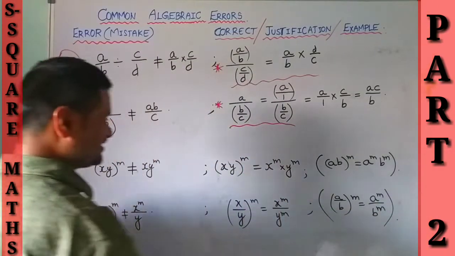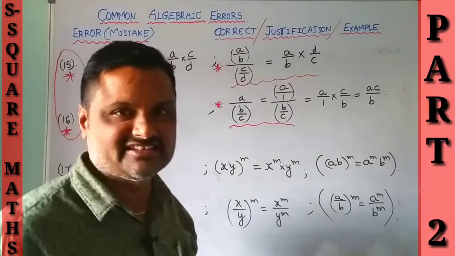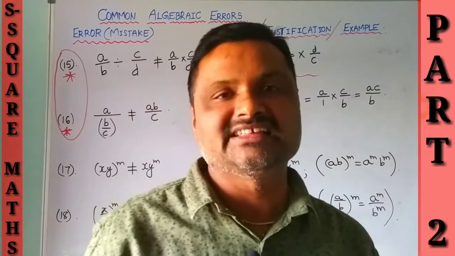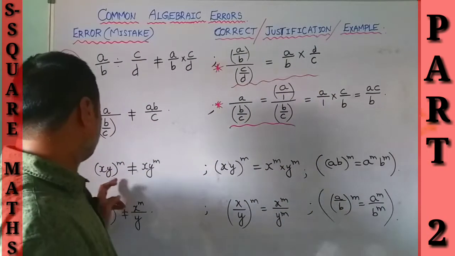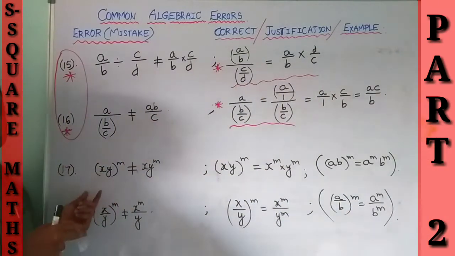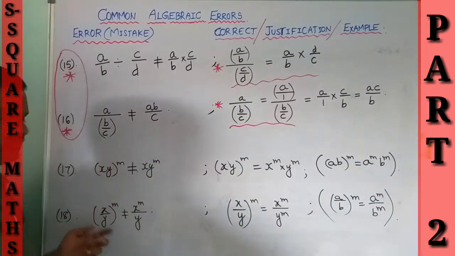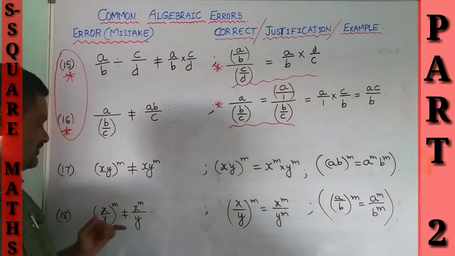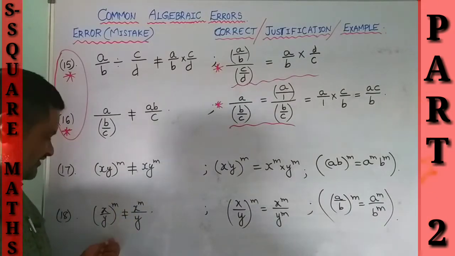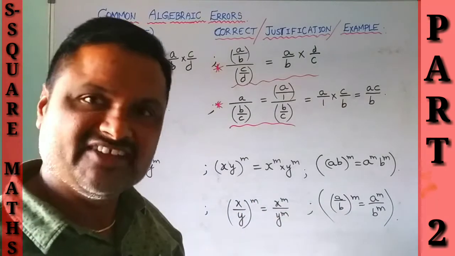Please note, viewers, for x, y and m we have conditions, but we are discussing the general forms. Here m is distributed to the variables x and y. That's why x power m into y power m. So here also x by y whole power m is not x power m by y. It is equal to x power m by y power m.